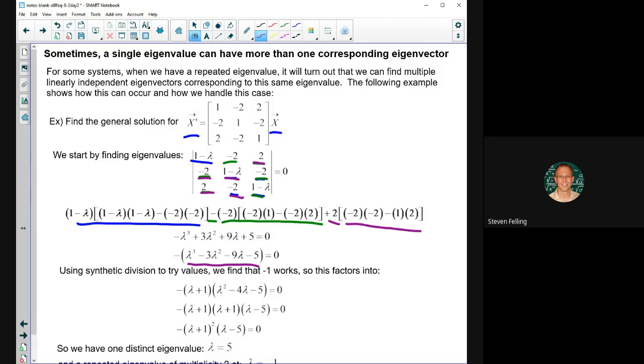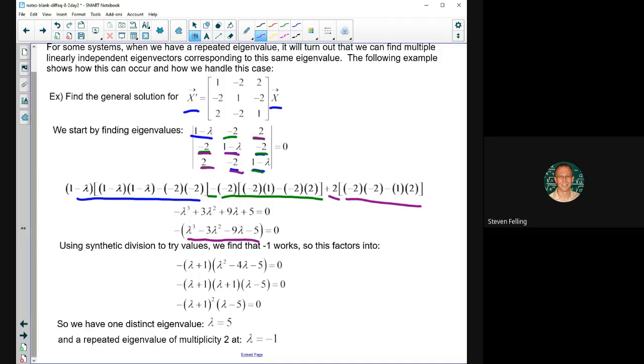So maybe we try guessing some values. I'll show you an example of that with synthetic division. Maybe we end up trying -1. Let me show you that does work. If you try -1 here and use the coefficients 1, -3, -9, -5, you can do synthetic division and get -4, so this becomes 4. So this is going to end up being -5, and when we multiply, that's 5.